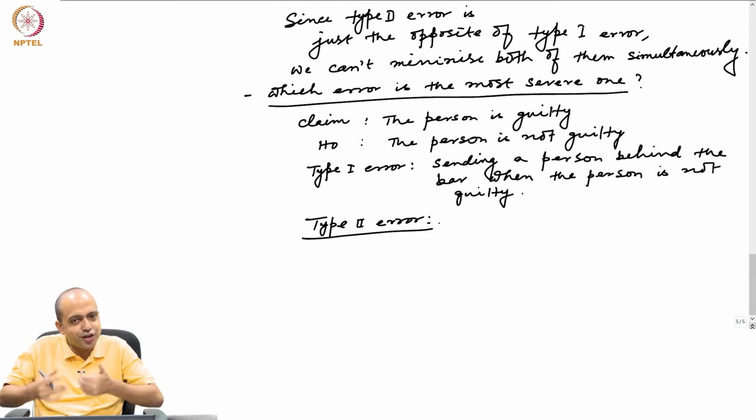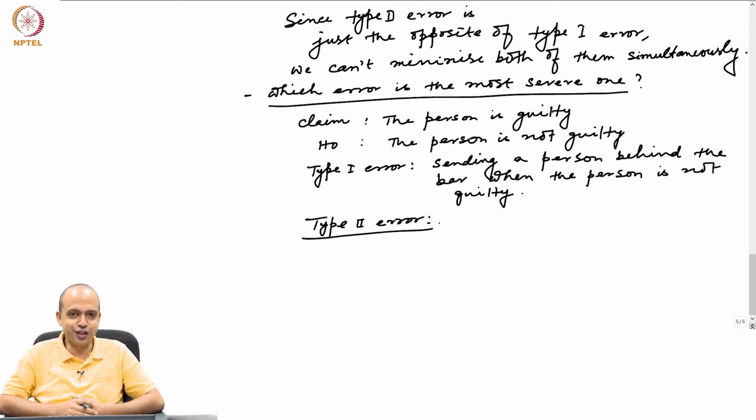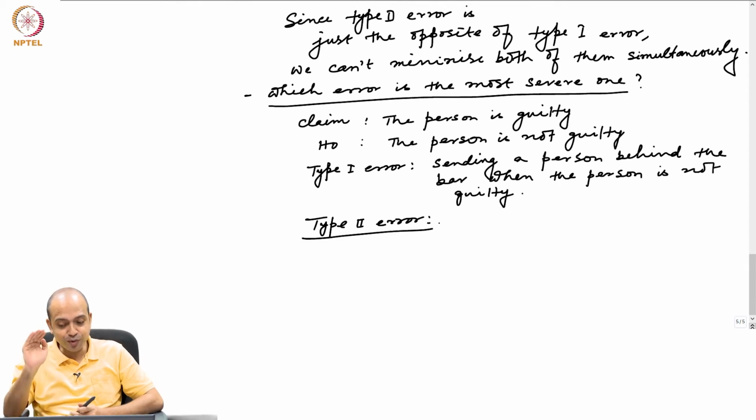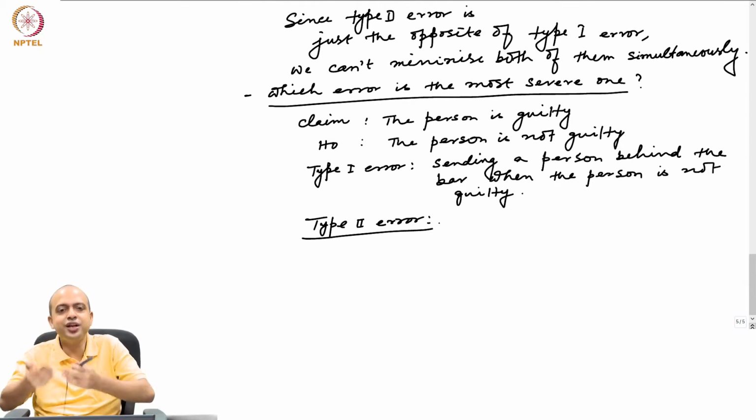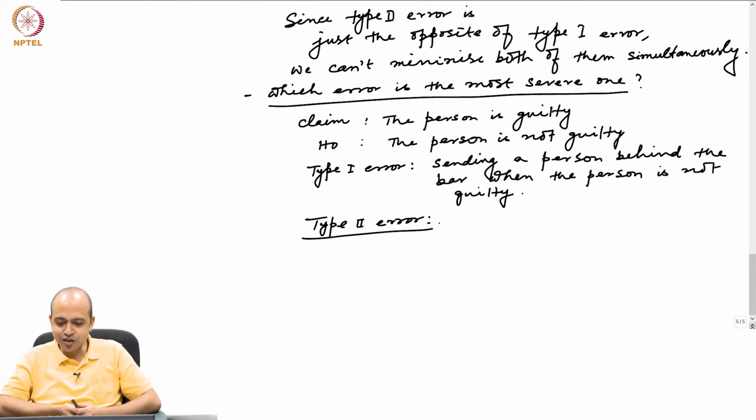That means the person is actually guilty, but you are not rejecting the null. Okay? The person is not guilty is not true. That means the person is actually guilty, but you are not rejecting it. So, you are accepting the fact that the person is not guilty, but actually the person is guilty.